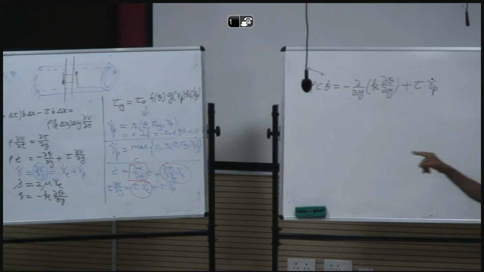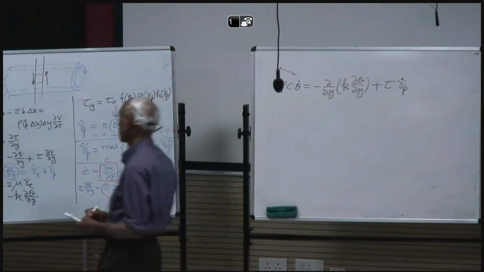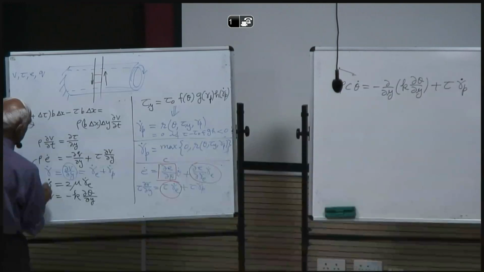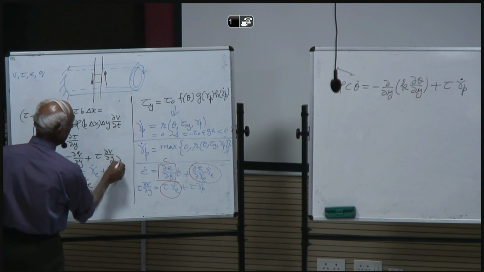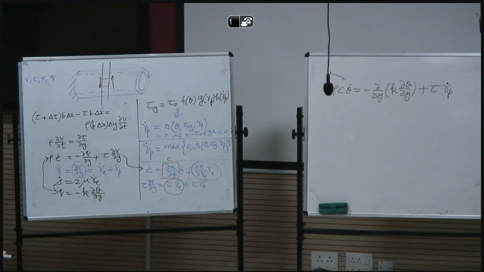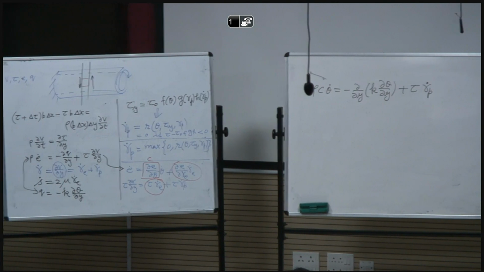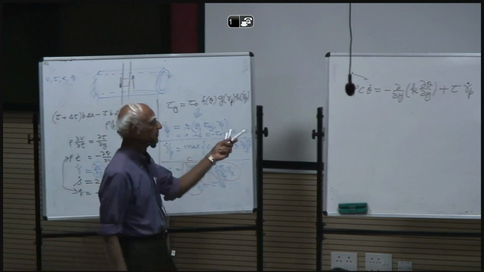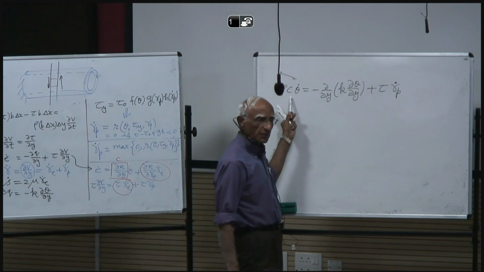So now we have this internal energy equation. I have combined this with that, and I have combined this term. So it is the rate of change of temperature, and this is specific heat.